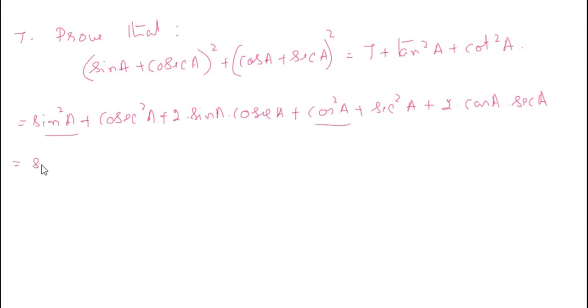So this is sin square A plus cos square A plus cosecant square A, which can be written as 1 plus cot square A.